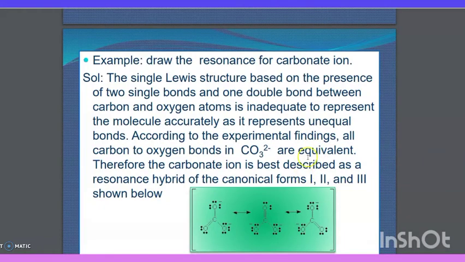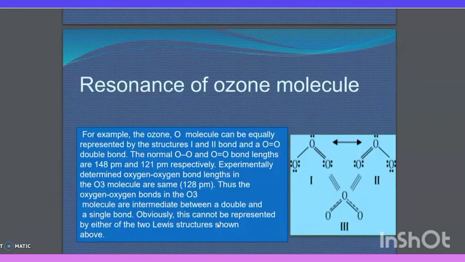Another example is the resonance structure of the carbonate ion. Here you can see the carbonate ion can exist in different forms. Maybe the double bond is here, or it can exist in a different form. It is formed by the shifting of lone pairs of electrons.